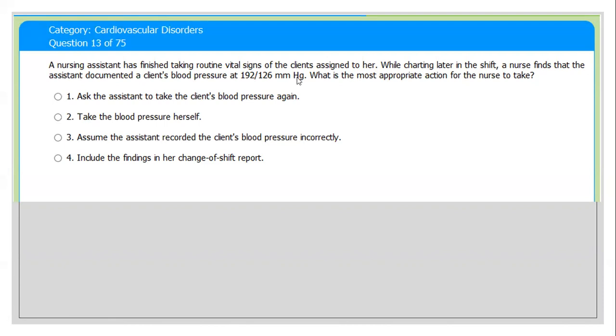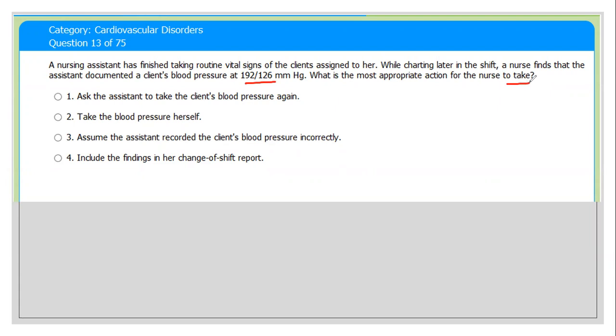So if I ask you, is it normal or abnormal? Definitely you will answer me, it is not normal. The systolic blood pressure is more than the upper normal limit, and the diastolic blood pressure is also more than the upper normal limit. Means this patient is hypertensive. So what is the most appropriate action for the nurse to take?